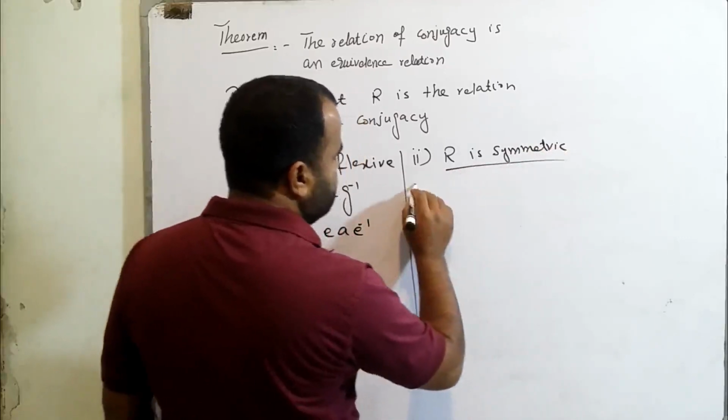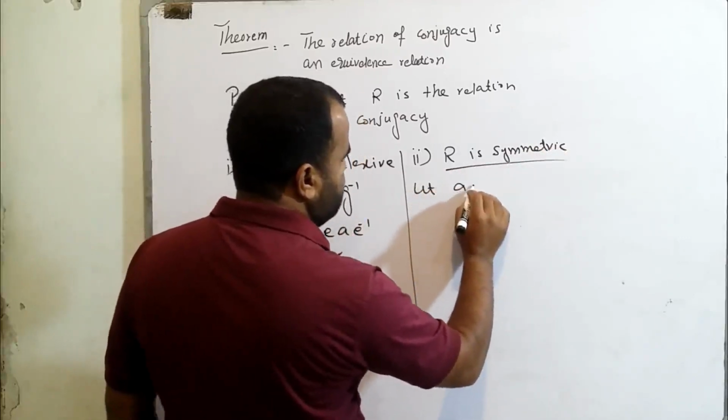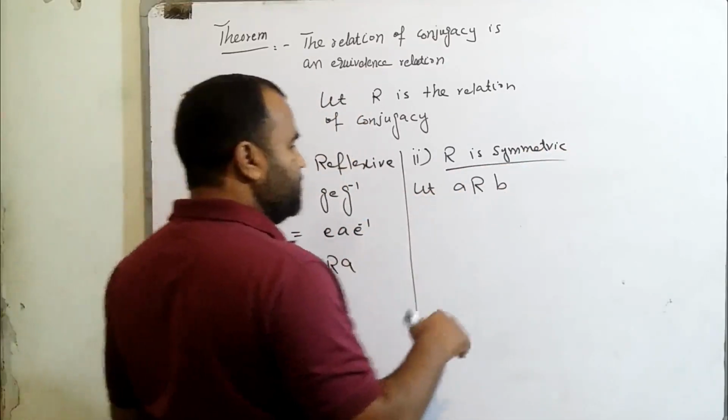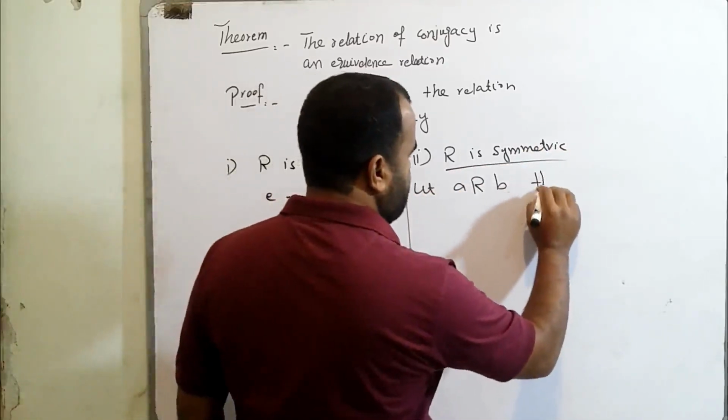The second is that R is symmetric. Let a be related with b. We will prove that b is related with a.